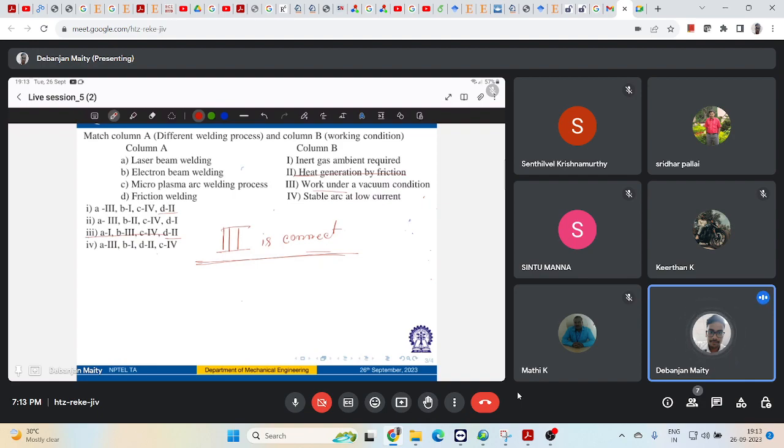In laser, you don't use vacuum, of course. This is well known. In friction, you are heating up the material through friction. And as I said, for microplasma, you always form this stable arc at low current. So option 3 is correct over here.